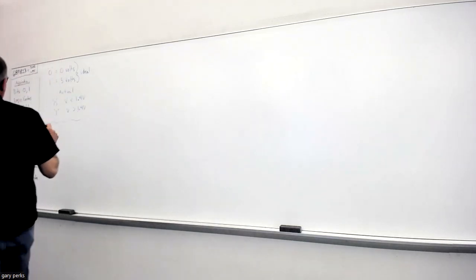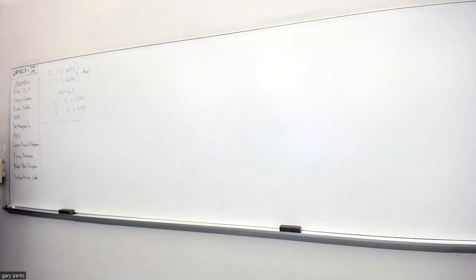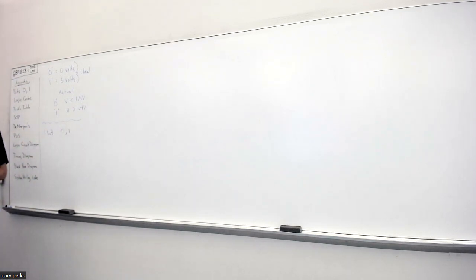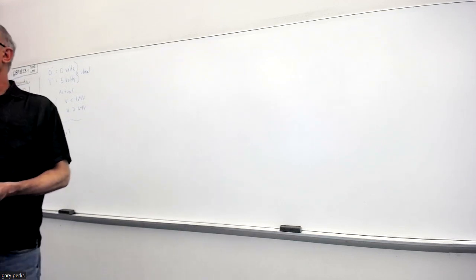Okay, the other thing about bits that's important is how many values you can represent with a certain number of bits. If I just have one bit, that one bit can either be 0 or 1. So with one bit, I can only represent two things.